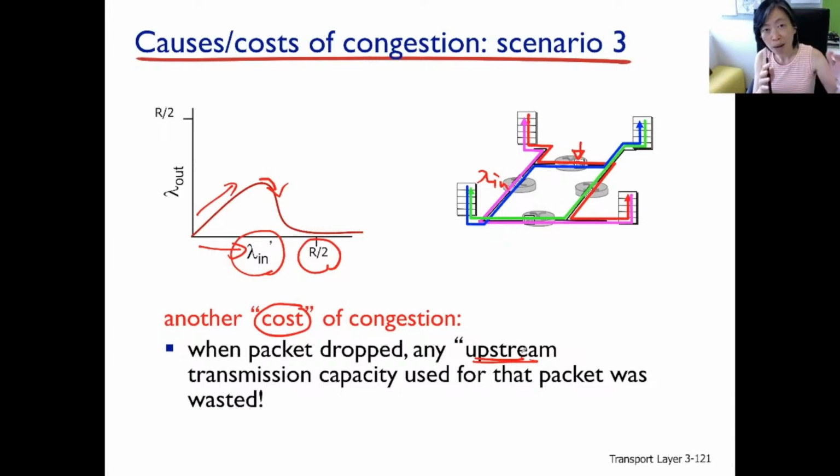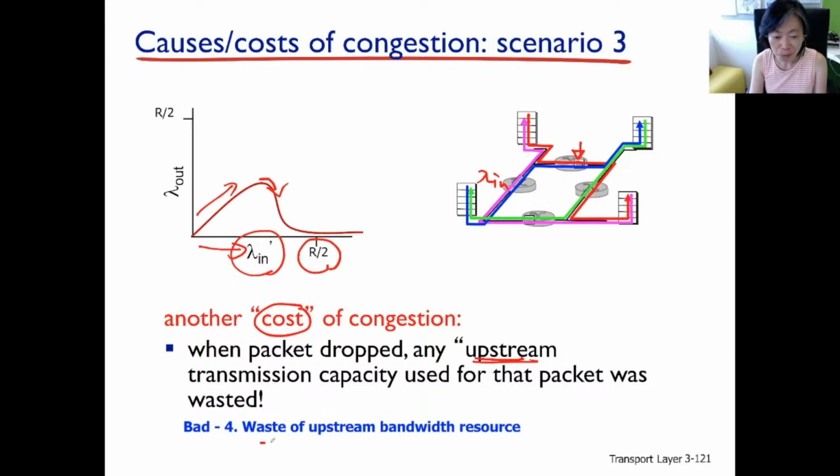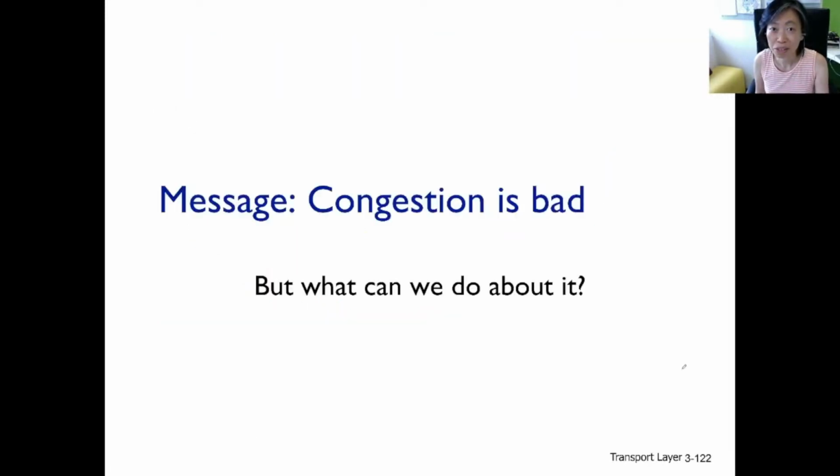But here, the upstream bandwidth is all wasted, so the amount of resources we are wasting here could be very high. So the hidden cost here, waste of all this upstream bandwidth resource, is a big cost. So, message here: congestion is really, really bad.